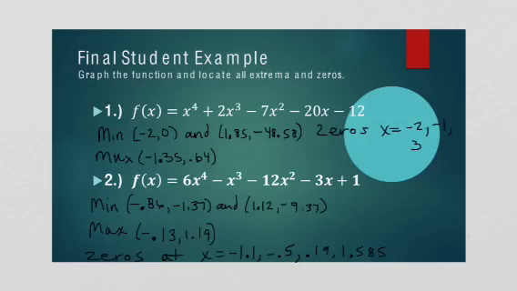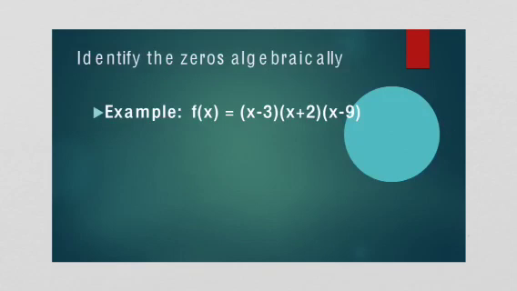Moving on, identify the zeros algebraically. If you're given a function in factored form, what you can do is set each of the factors equal to 0 and solve for x. That will give you the zeros of the function. So in this case, I take x minus 3 equals 0, x plus 2 equals 0, and x minus 9 equals 0.